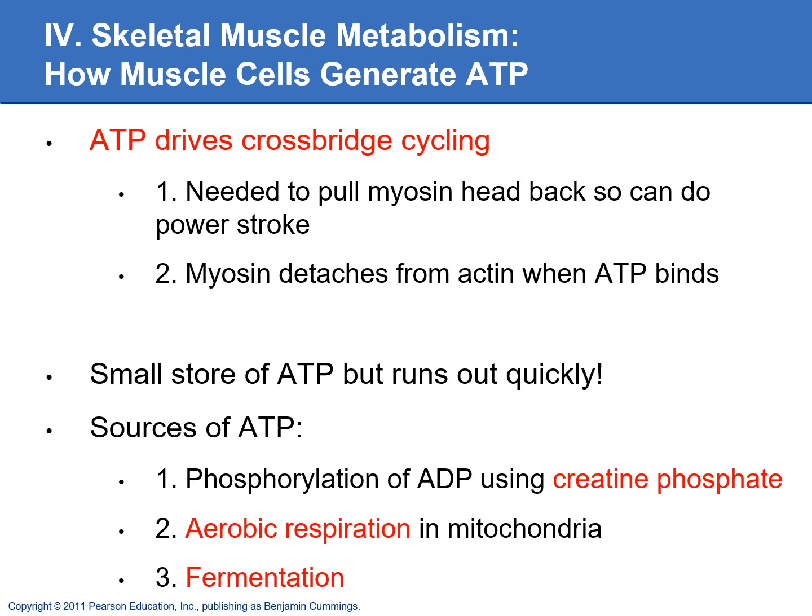There are three sources of ATP that the muscle cell will utilize. So this would be really important to know for the exam. The first source of ATP for all muscle contractions is going to come from something called creatine phosphate. Okay, so that would be important to know.